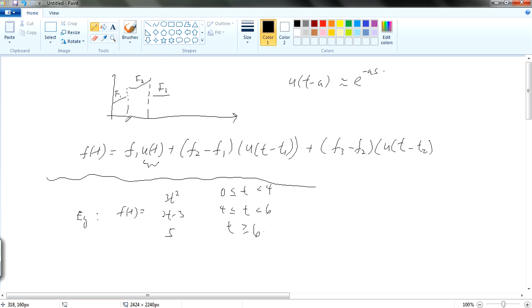Let's call the switching times t1 and t2, and this is 0.